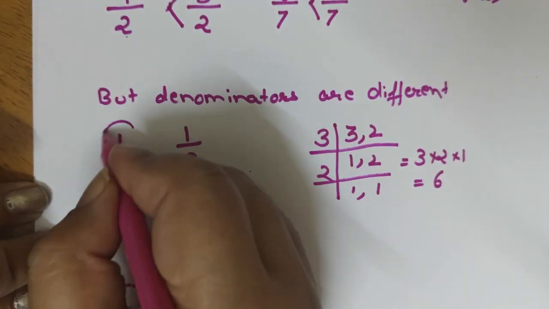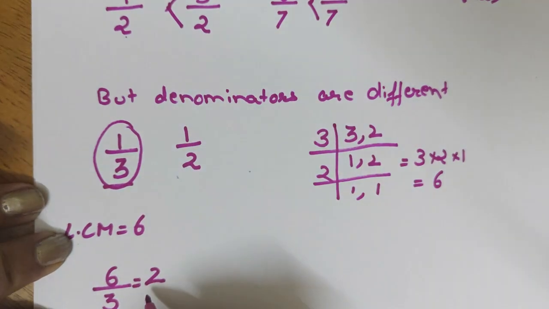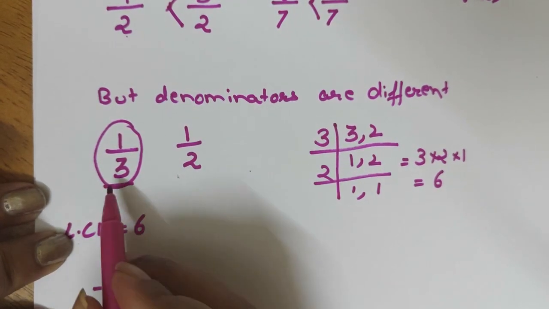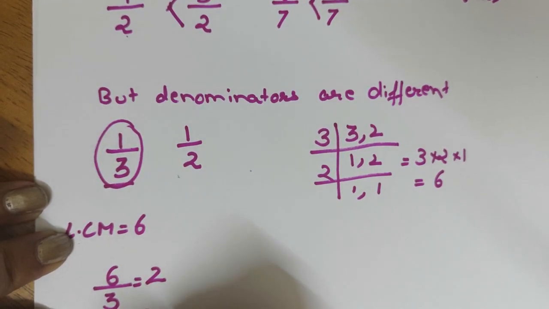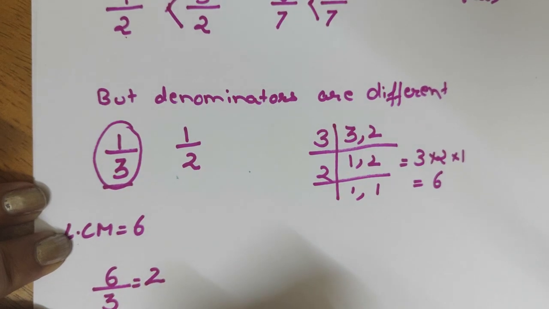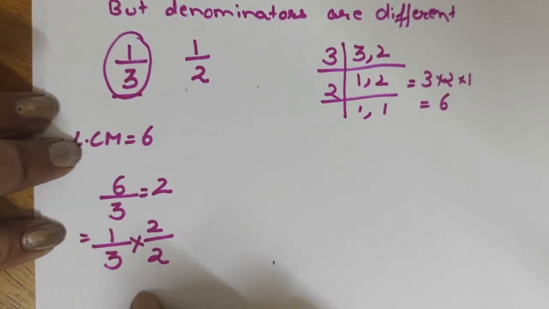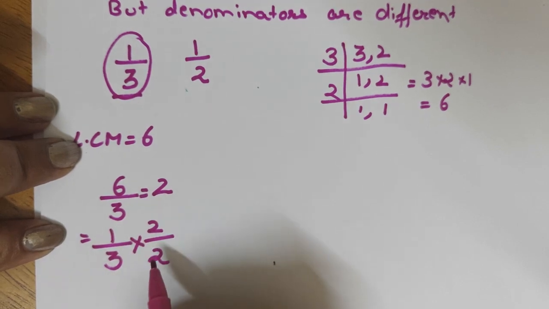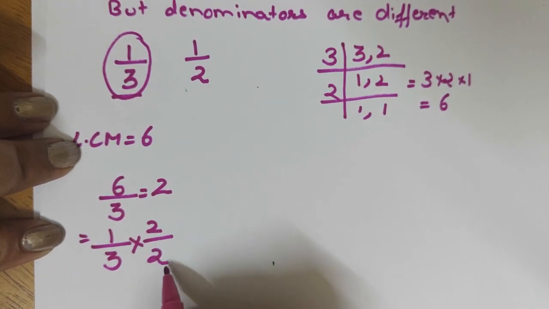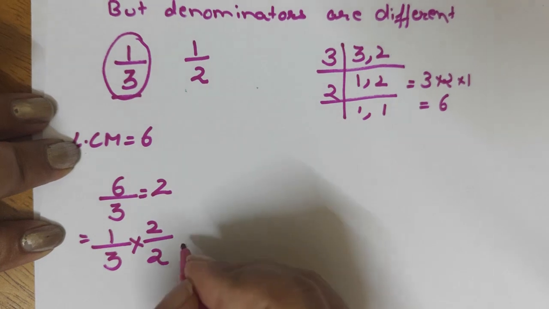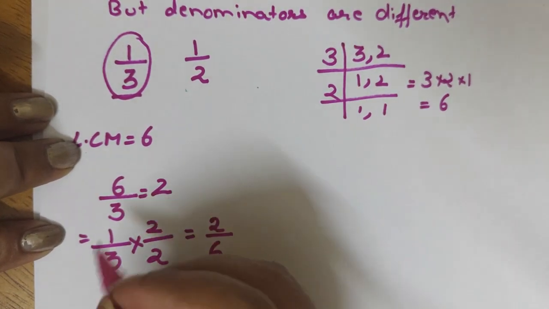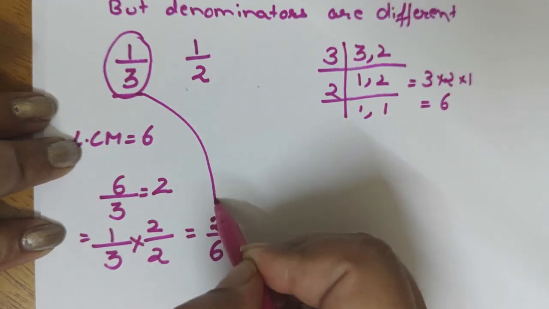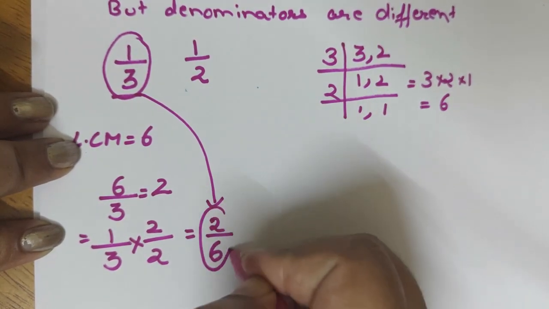So that means if I multiply this number by 2, I will get the denominator as 6. So I will do 1 by 3 into 2 by 2. We are allowed to do this, correct? We can cancel it out, it will be 1 by 1. So it will come to 2 by 6. Okay, so we converted 1 by 3 to 2 by 6.